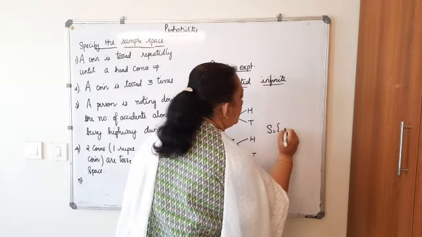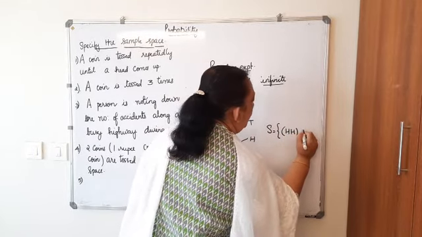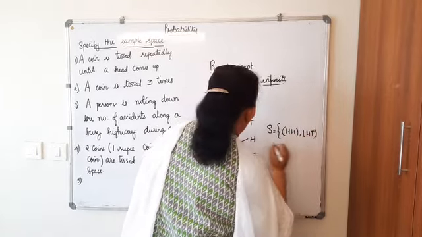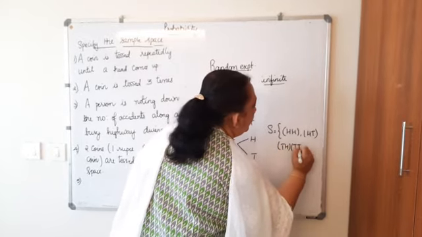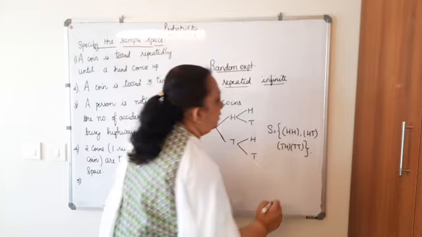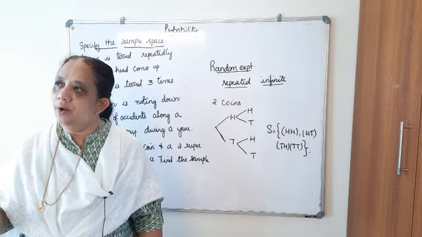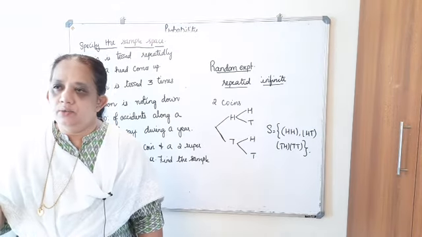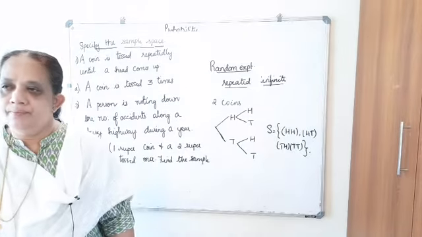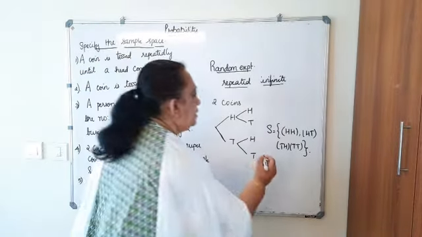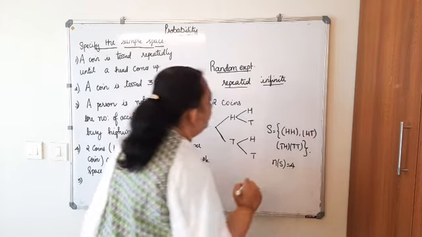So what about the sample space? The sample space consists of HH, HT, TH, and TT. Two different coins, or the same coin repeated twice. So, n(S) is equal to 4.